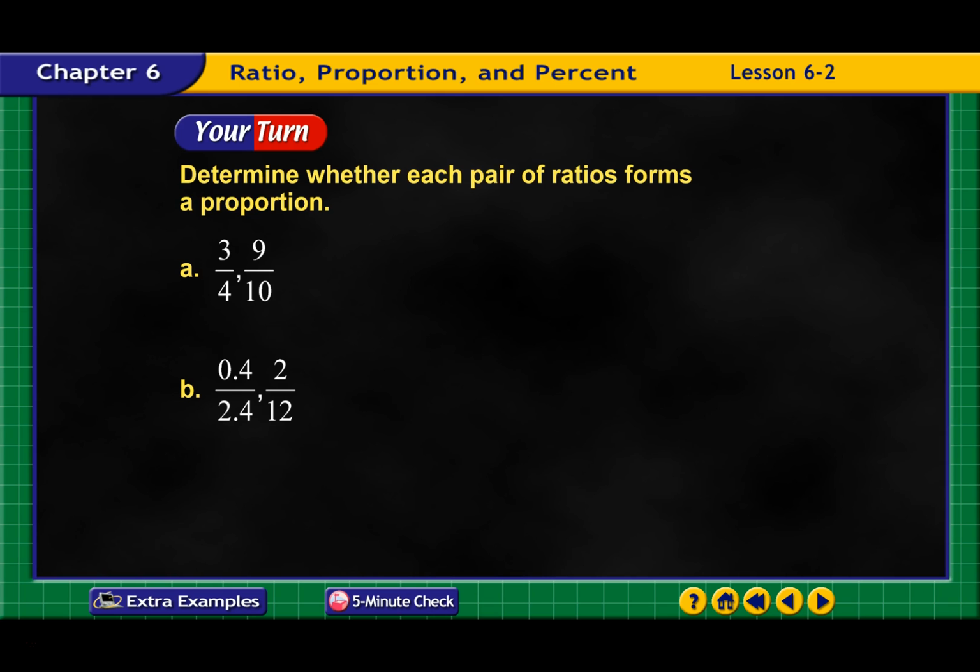And your turn. Go. All right, so this one we write out.